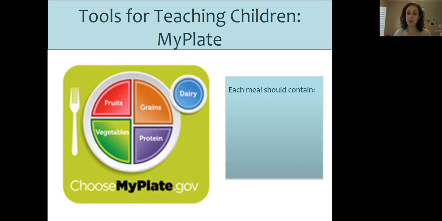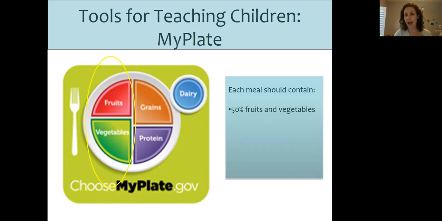The only setback is that it doesn't necessarily tell us portions, but it does tell us what each meal should contain. And we should be getting 50% of our food each day from fruits and vegetables, right? So if you think throughout the day, is about 50% of what I'm eating fruits and vegetables?